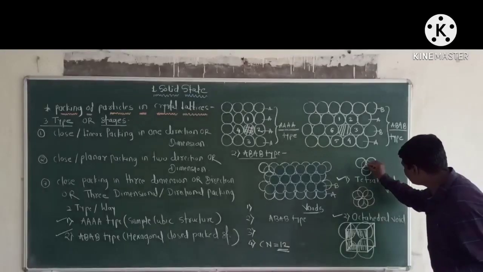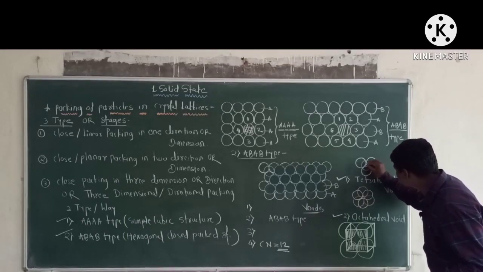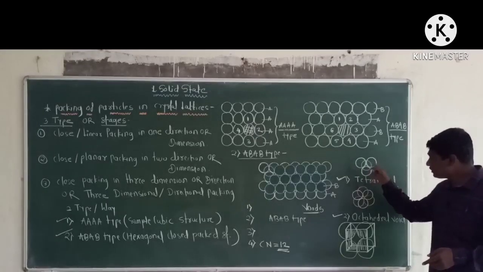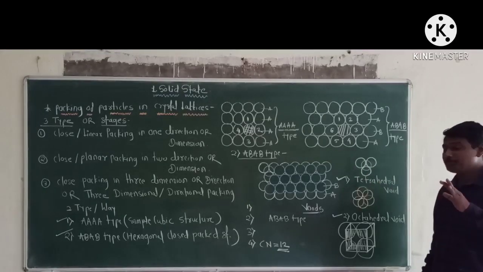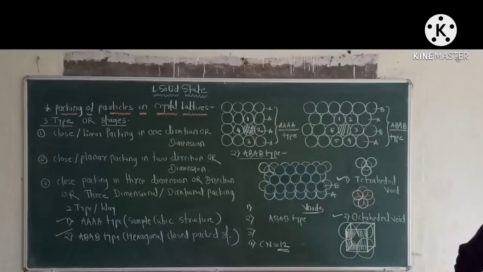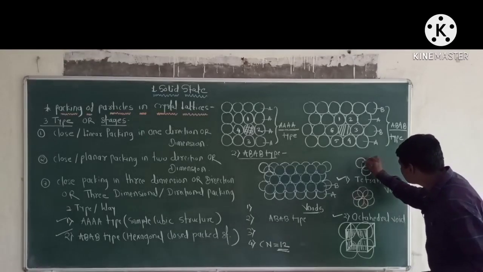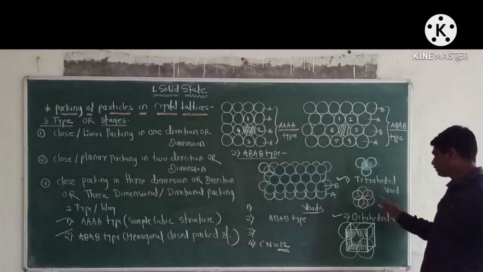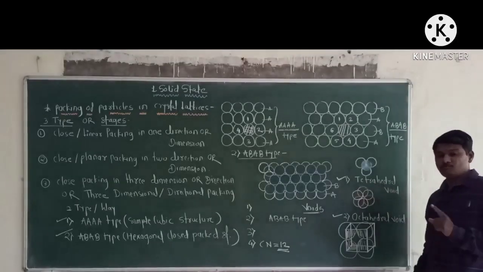Here is the triangular empty space. Now this triangular empty space is completely covered by this constituent particle of another layer. Such a type of void is called a tetrahedral void.